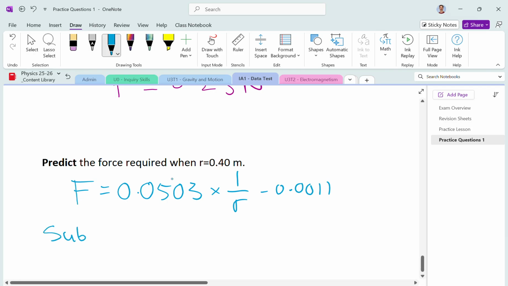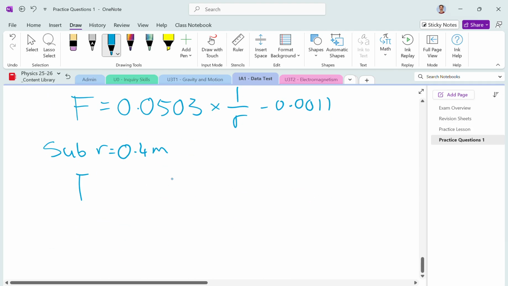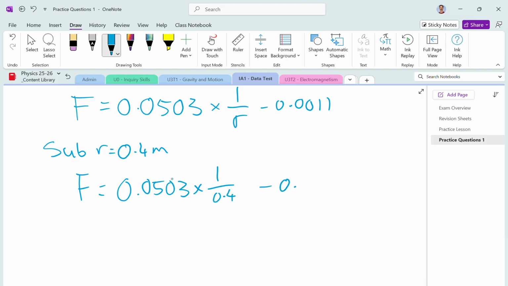We can sub r equals 0.4 meters and literally just do the calculation. 0.0503 times 1 over 0.4 minus 0.0011.